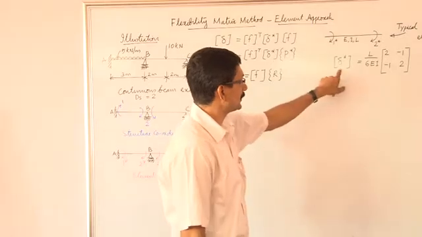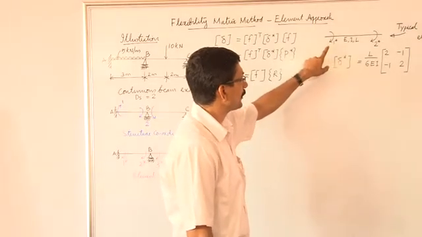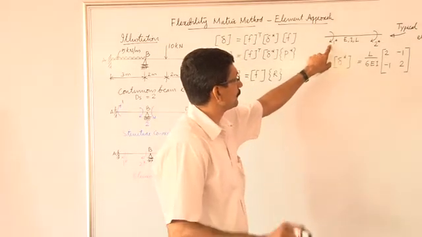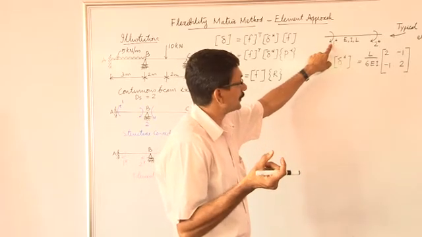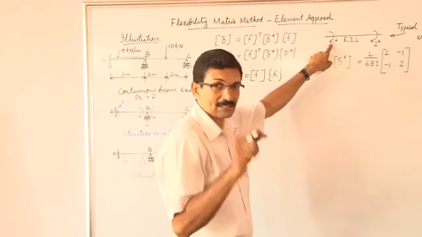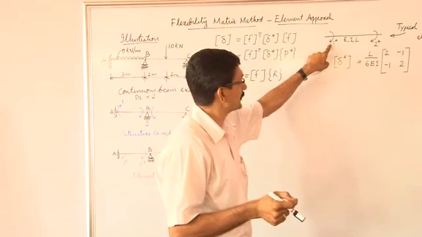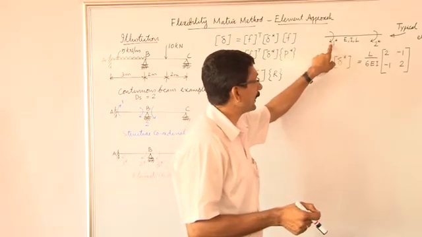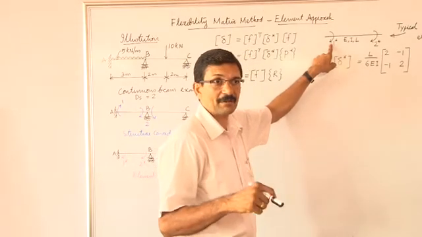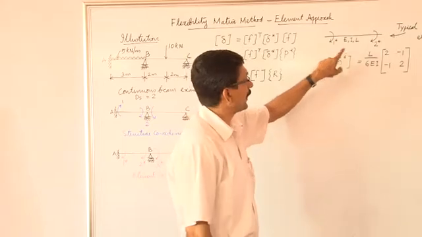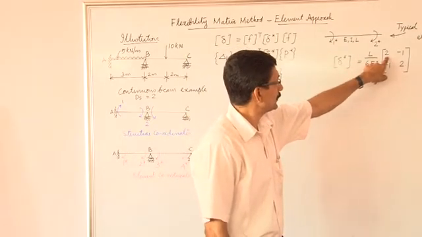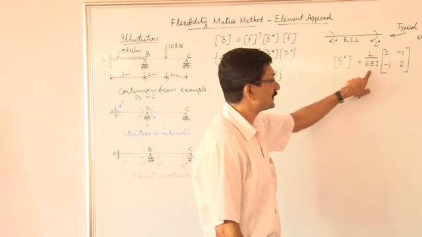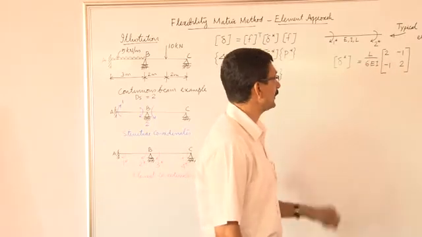So delta star is equal to, if you give a moment of unity at this end, the rotation produced at this end would be L divided by 3EI, which was derived in one of the previous lectures, that is 2L divided by 6EI, nothing but L divided by 3EI.